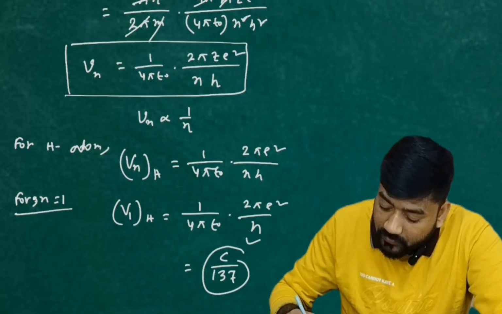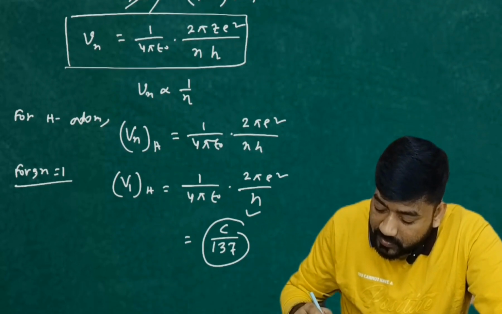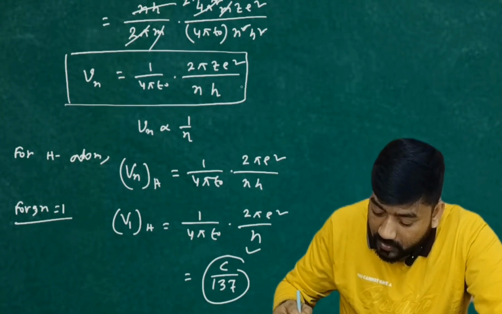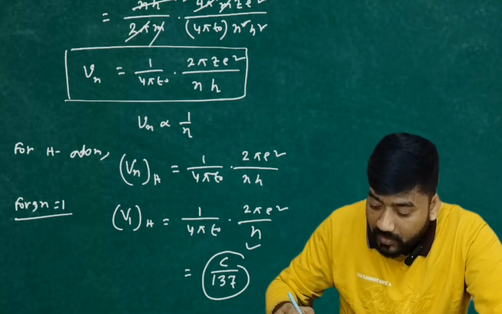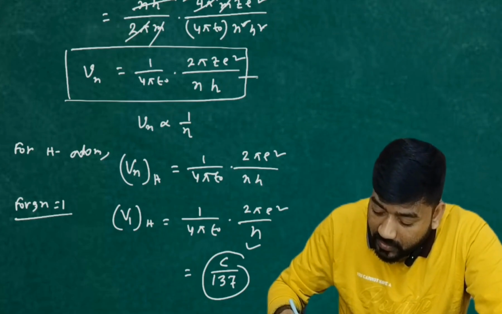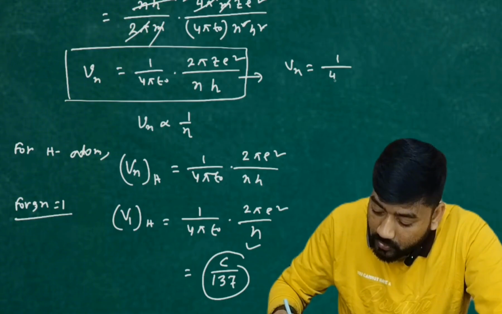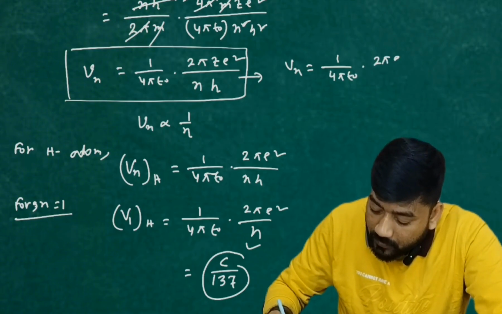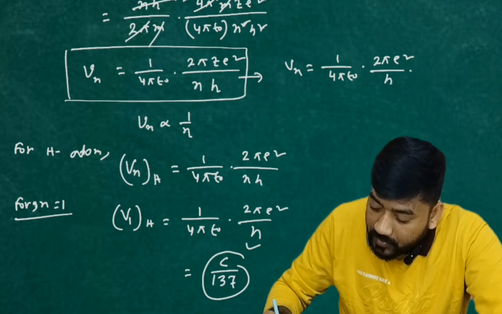So you can use this expression to remember the main expression. So now if you want to modify this expression, देखिए इस expression को अगर हम modify करना चाहते हैं तो you can find out easily from here. So Vn क्या होगा, देखिए z and n को हम अलग कर देंगे. So from here you can write Vn equal to 1 upon 4 pi epsilon naught into 2 pi e square upon h into z upon n.